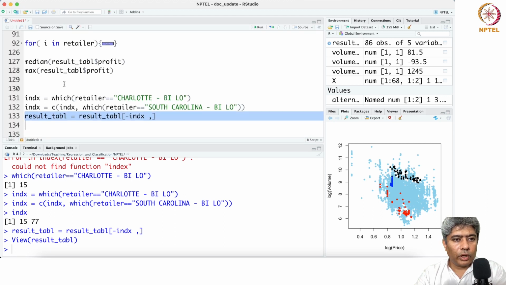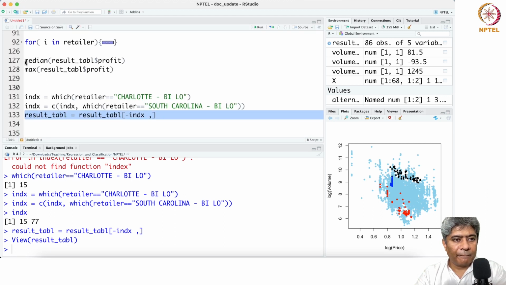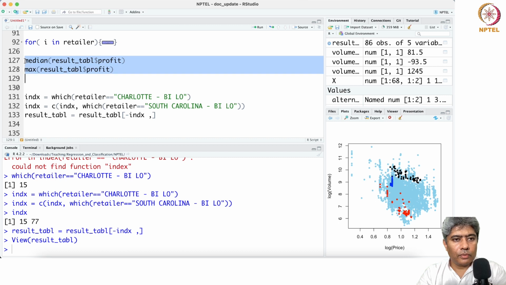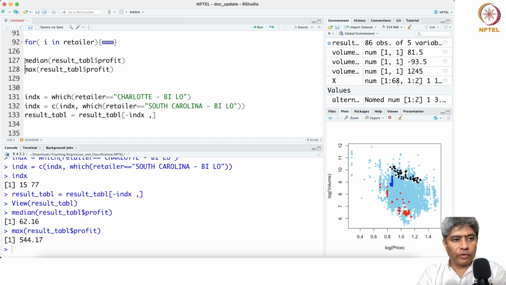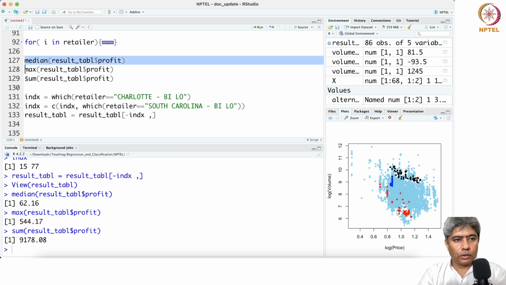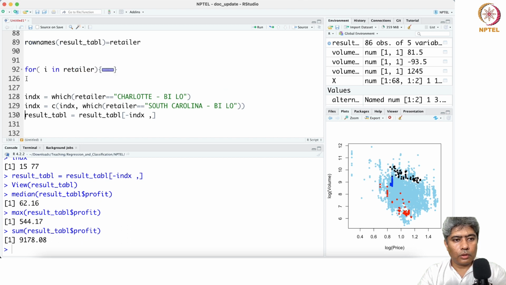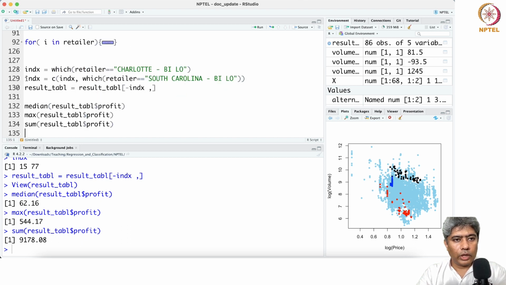Now what is happening is, I now have the median profit, the max profit, and the sum of the result table dollar profit, is this, right?